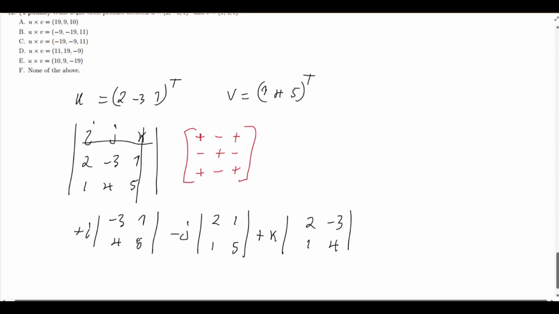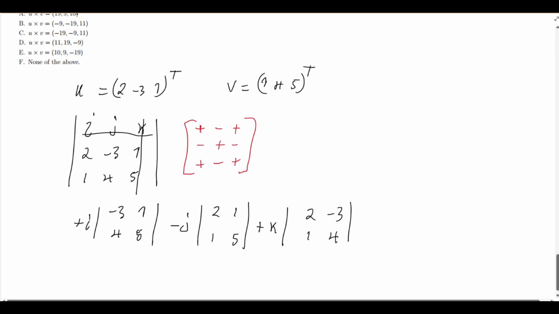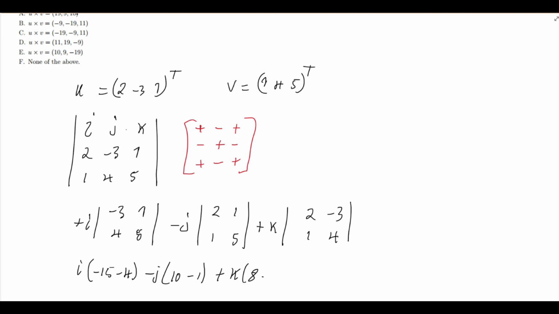This is generally how we look for the cross product. We use this method. Let me try to clean this up. Good. We are going to compute the determinant of each 2 by 2 matrix. So it's simply i into negative 15 minus 4, minus j into 10 minus 1, plus k into 8 minus 3.